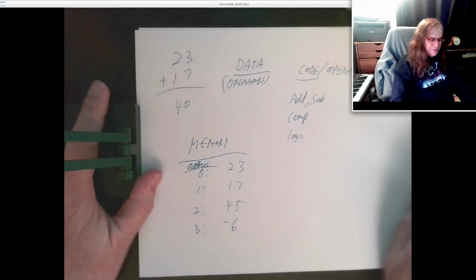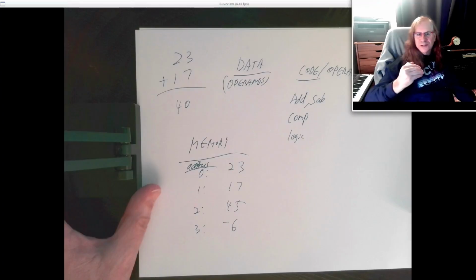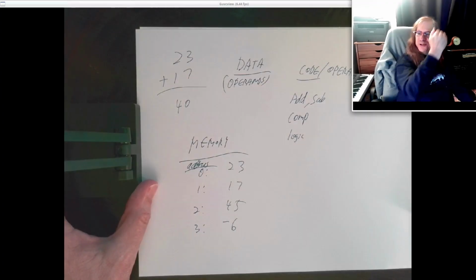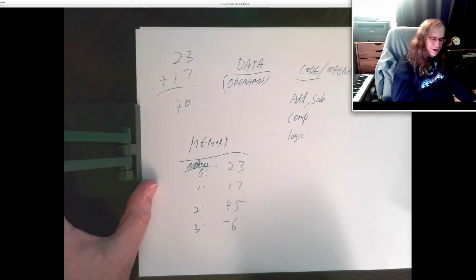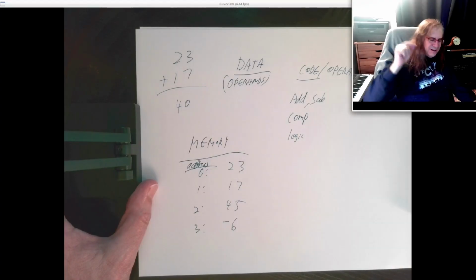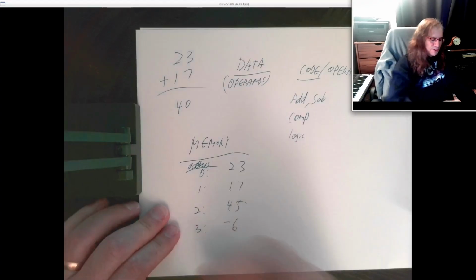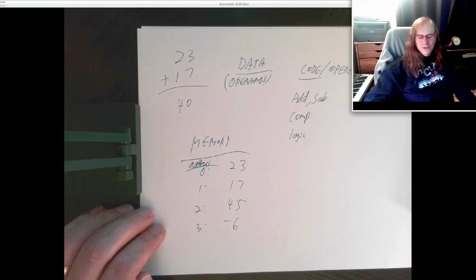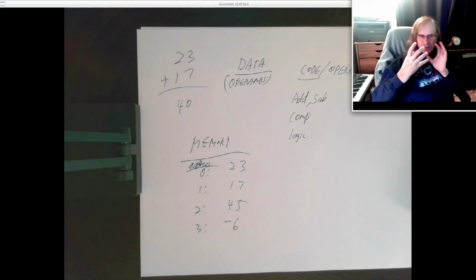All right, so what do we got here? We've got a memory with a bunch of numbers stored. We can access those numbers by using the address of each number, which is another number. And we can also get operations which say, hey, I want to add, I want to compare, and so on and so forth. And those instructions are also stored in the memory. Right? So this is an interesting model.